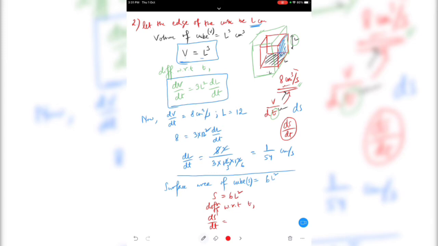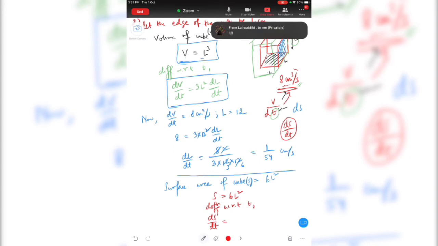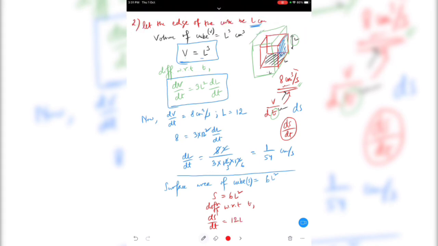Very good, it's 12L. Not just 12L, it will be 12L dL/dt because I'm differentiating with respect to time. So I get dS/dt is equal to 12L dL/dt.